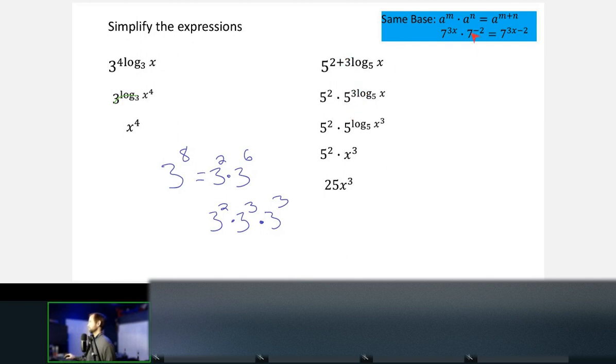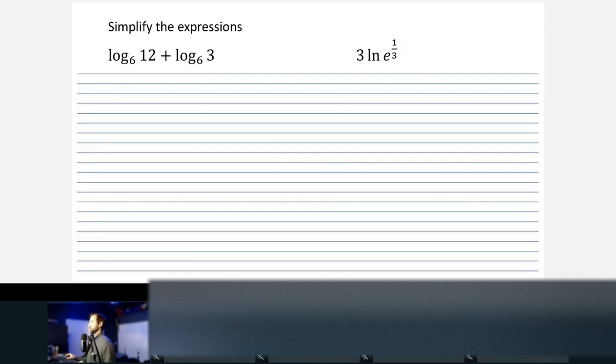That's why I have this on the screen. Okay, simplify. Log base 6 of 12 plus log base 6 of 3. So let me give you 1 minute to get a head start, and then we'll talk about what you did.